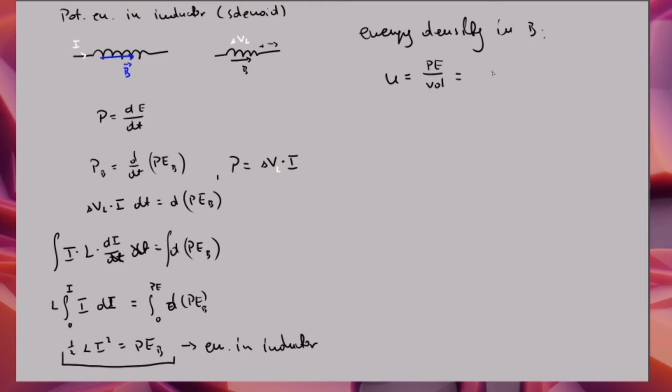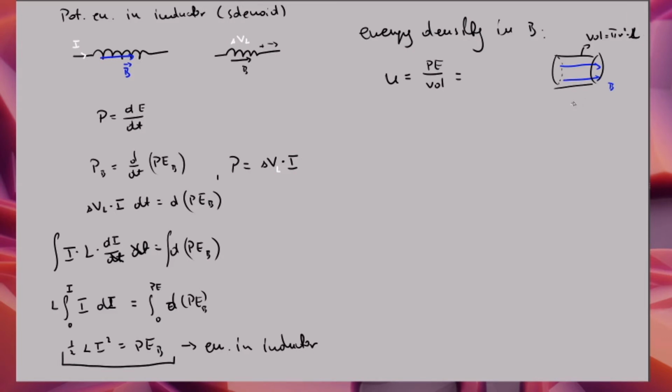And so the picture that we have is that the magnetic field in the inductor points like this, and then the volume of the inductor is just the volume of the cylinder. The volume of a cylinder is just pi r squared times the length of the cylinder. Maybe I should use lowercase l.